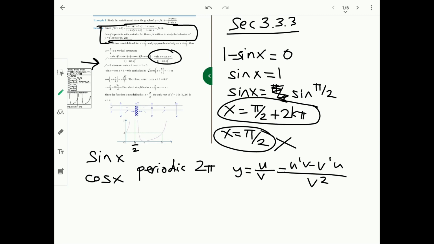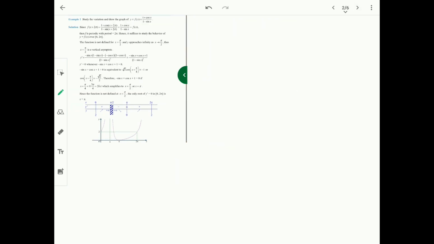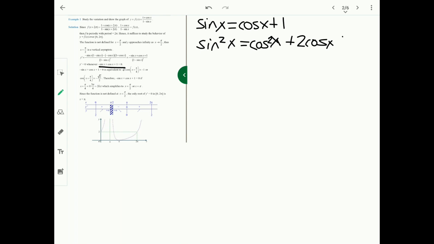So now I'm just going to solve this part, because in the textbook it's a bit hard to understand. So let me just solve it for you guys. I've included this here as well. So we have this equals 0. If I take sine x to the other side, I have sine x equals cosine x plus 1. Square both sides, I should get sine squared x equals cosine squared x plus 2 cosine x plus 1.